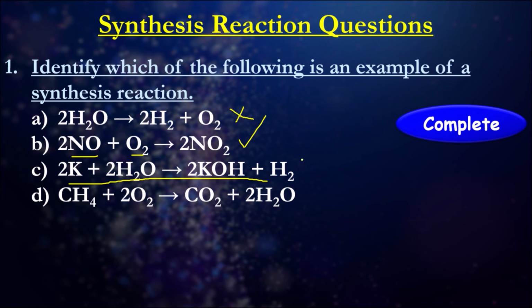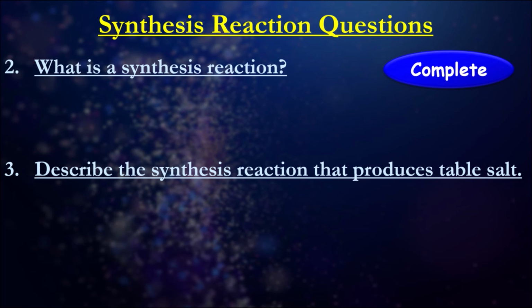This one is not a synthesis reaction, so there is some kind of combining going on here, but this is actually an example of what we call a single displacement reaction. And same idea with this one here, we have a single displacement reaction. So B is the example of a synthesis reaction.